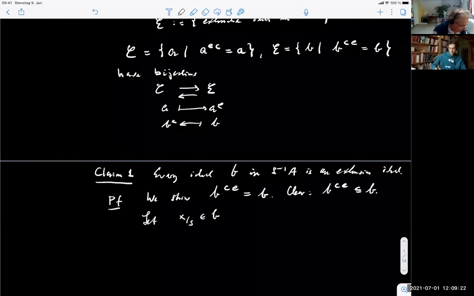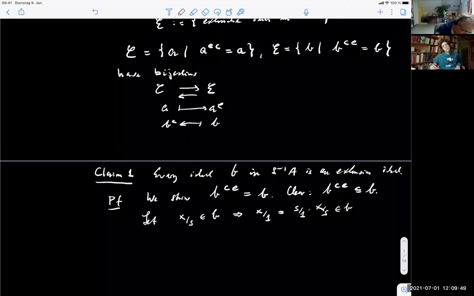Okay, so then what do I do? X over 1 I can write as the product S over 1 times X over S. That's also in B, of course, because I have an ideal.